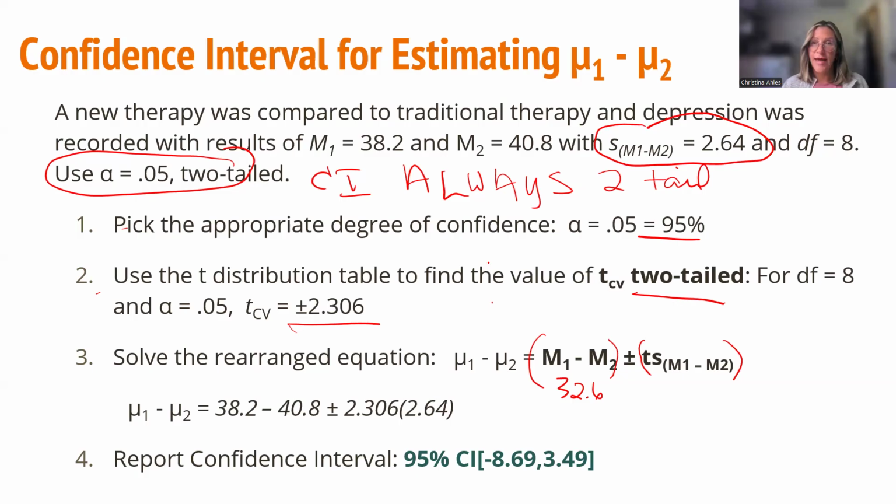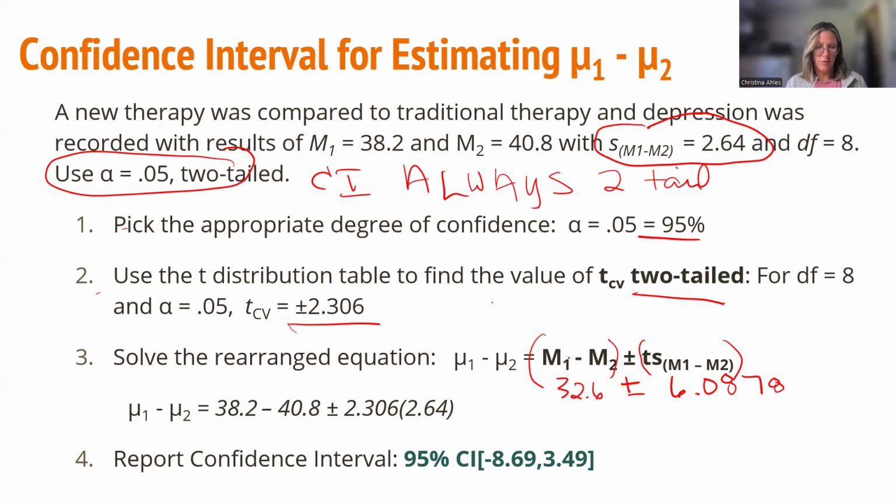And for that, I get 6.0878. So basically it's plus or minus, right? So 32.6, or I'm sorry, it was negative 32.6, right? Let me redo that, 38.2. It does not sound right to me.